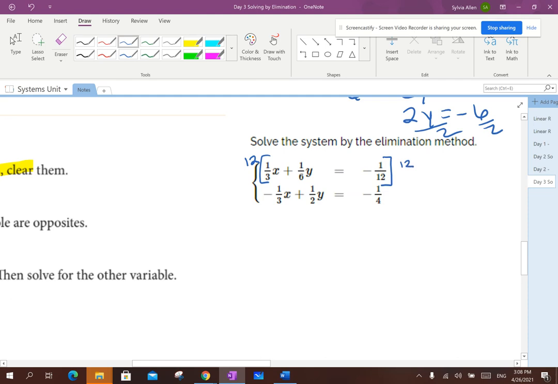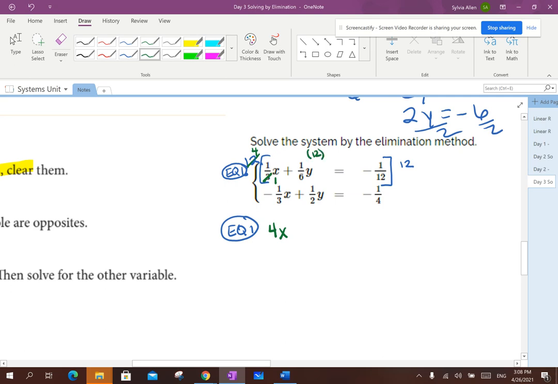Okay, so I am going to rewrite equation 1. Well, 12 times 1 over 3 times x: the 3 goes into 3 once, and the 3 goes into 12 4 times. So I get 4x. But I also have to multiply this by 12.